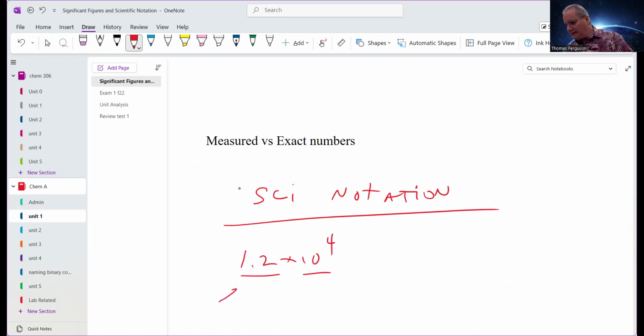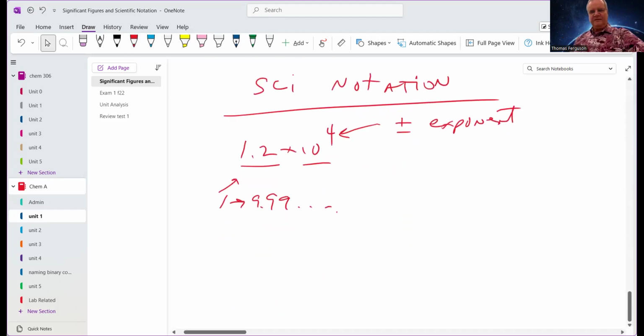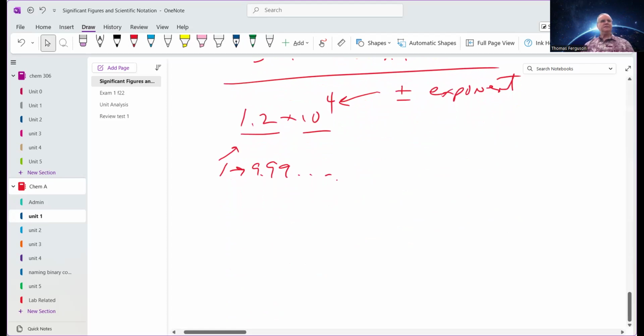This is from 1 to 9.999, and this is a plus or minus exponent. That's standard notation. One of the activities in lab 1 is to convert the improper scientific notation number to the proper one. I gave you an example of that yesterday, but there are 2 ways to do it. And yesterday, most of you did it the way I didn't show you in class. So I'm going to do it another way.